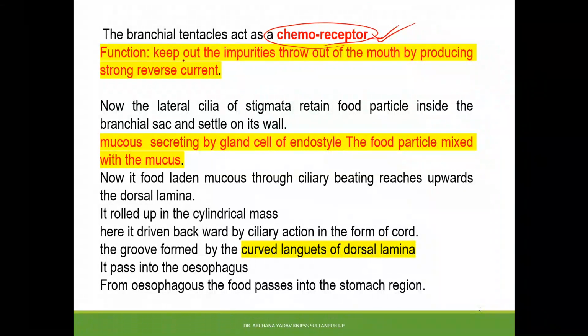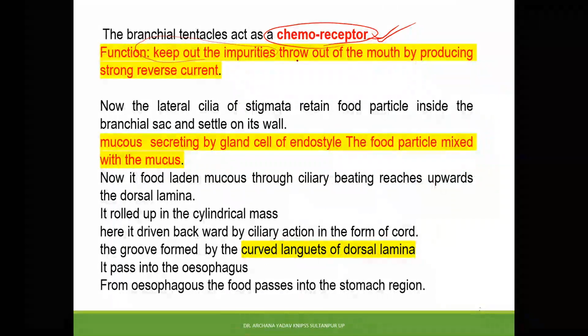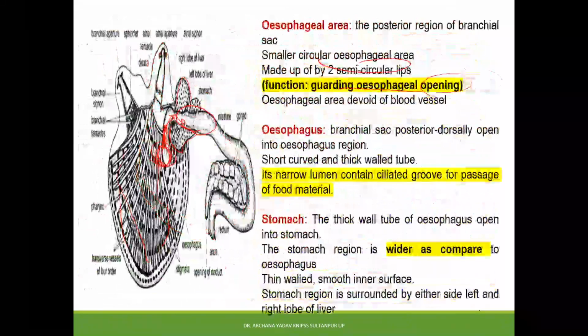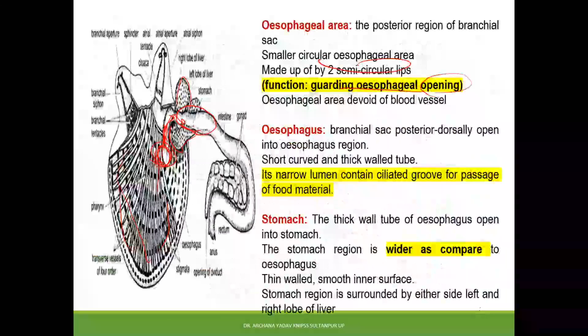Its function is also to keep out impurities from the mouth by producing a reverse current through which they throw out all impurities present in the water or food material. So the lateral cilia of the stigmata, those present in the stigmata, this diagram I have shown you.